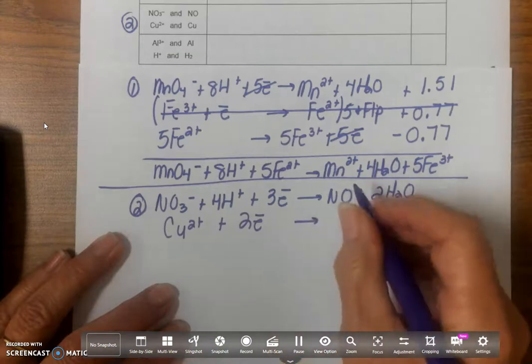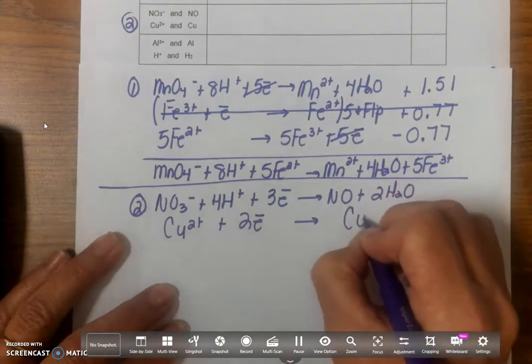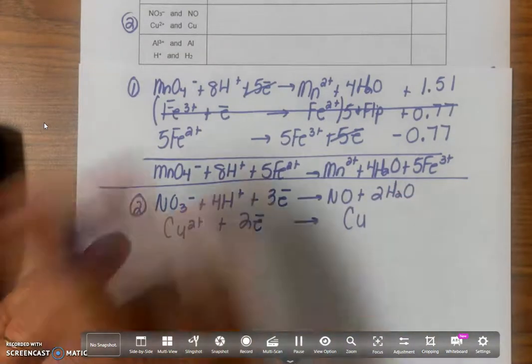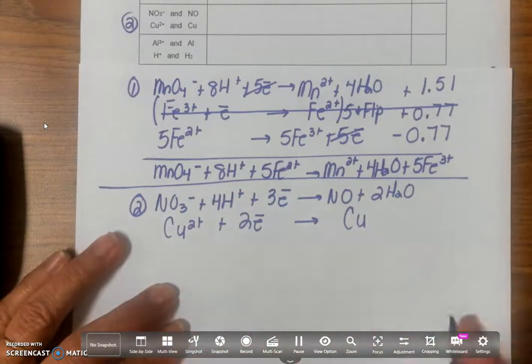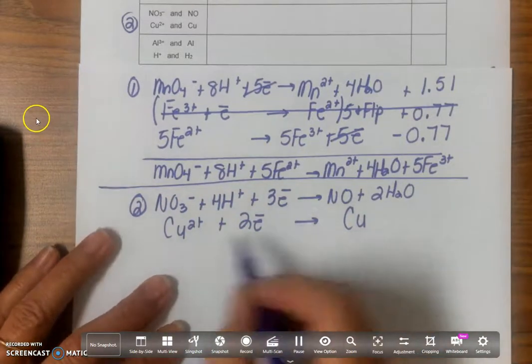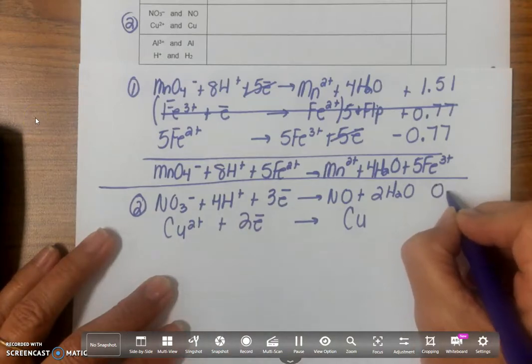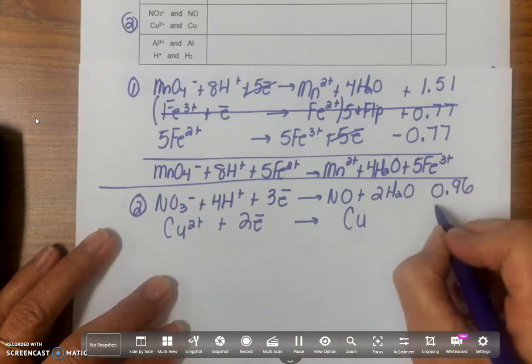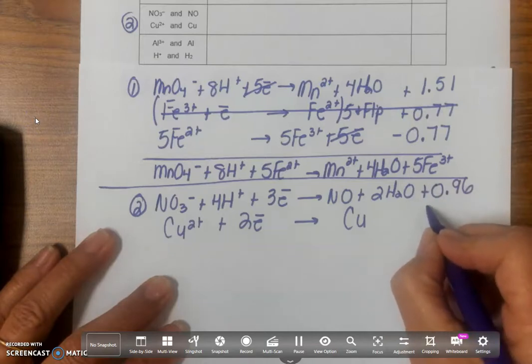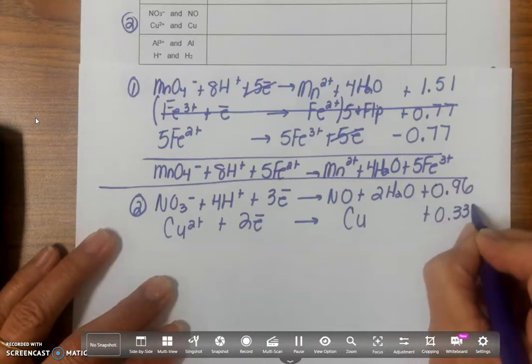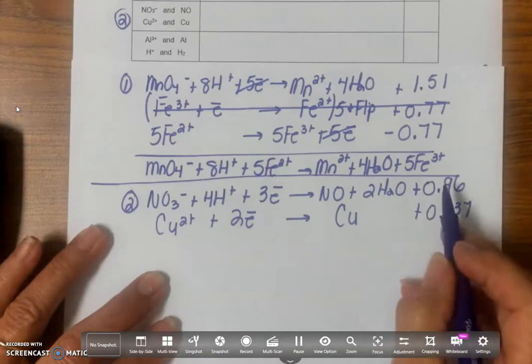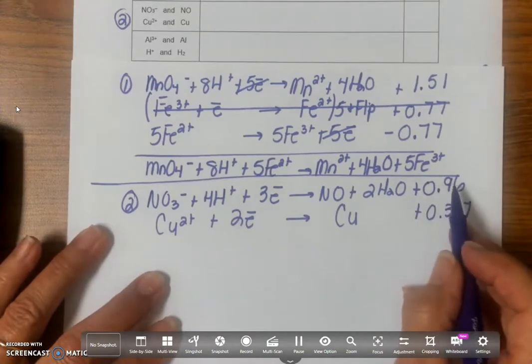So I'm taking these right off my standard reduction tables. I know there's a quicker way to do this, but I would recommend writing it all out so you don't get stuck. All right, now this one's potential is 0.96. This one is plus 0.337.